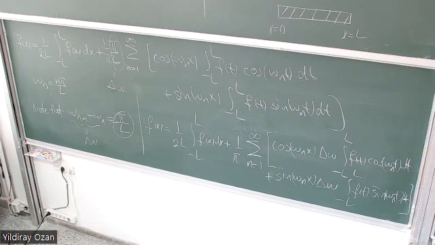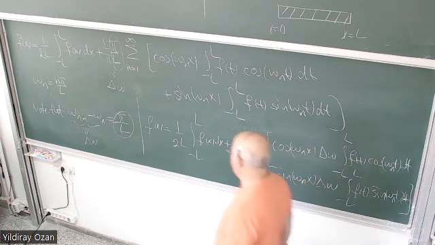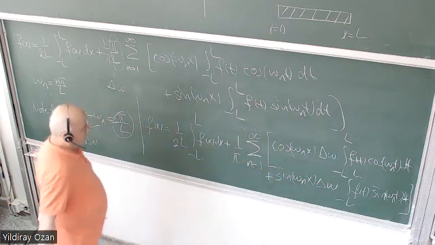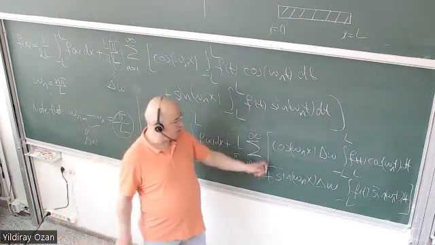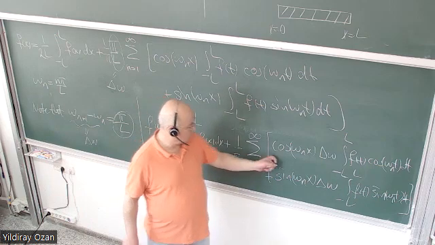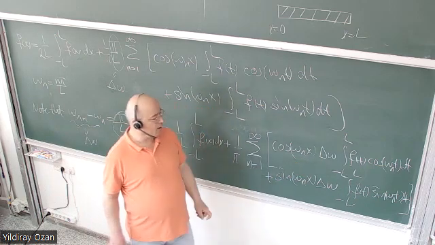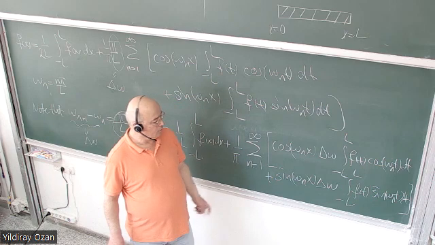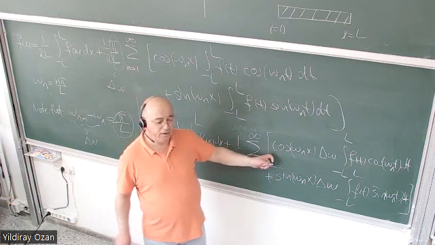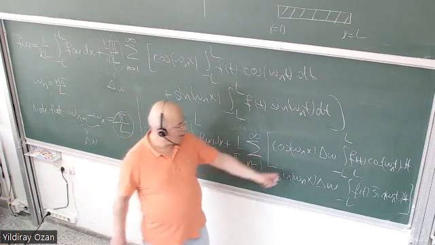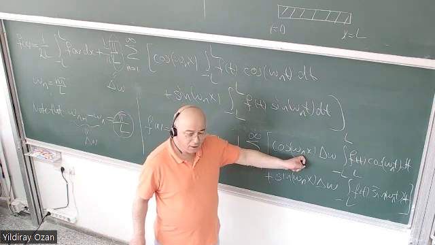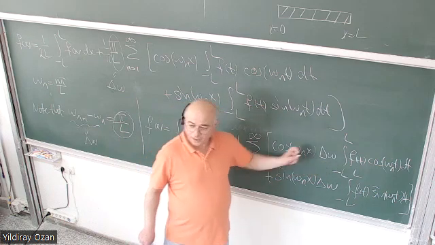All right. And then what we will do, you see, this expression here looks like a Riemann sum, right? I have omega n's and the increments, and then I have summation.